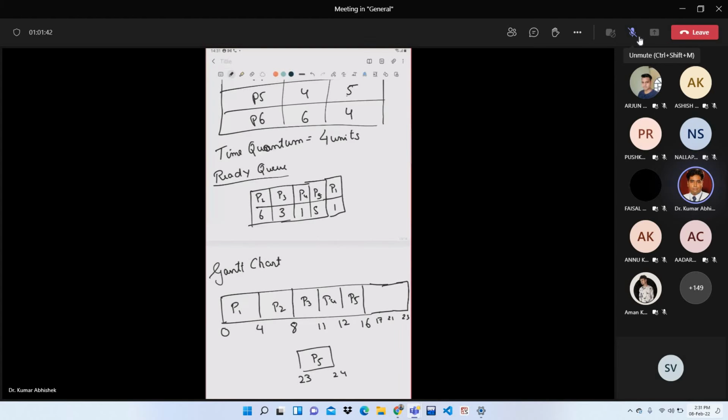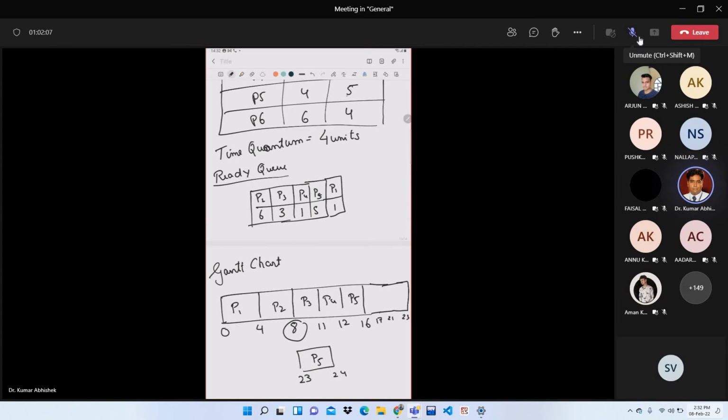Now at time 8, what happens? At this point of time, the time quantum is finished. Is P2 finished? No, P2 is not finished. P2 requires 2 more units.